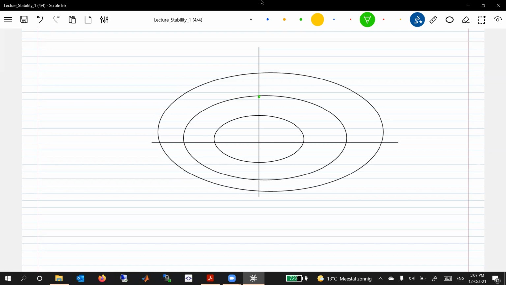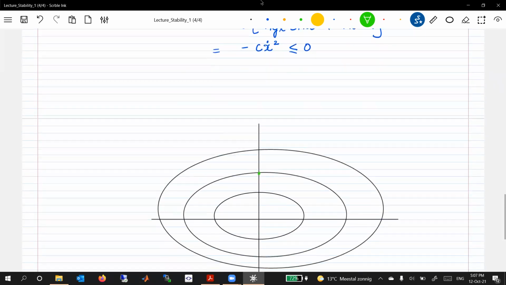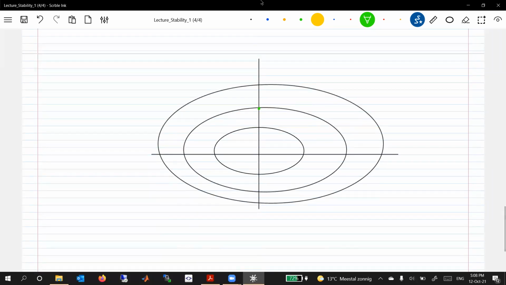If I initialize it here, it would start following the trajectory because, once again, damping is small, so the trajectories are supposed to stay close to the original system. It would be staying close, but the energy would be decreasing. So there's a very close by level set, and this would be kind of going inwards, right?